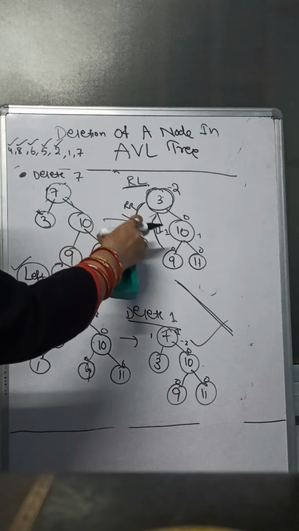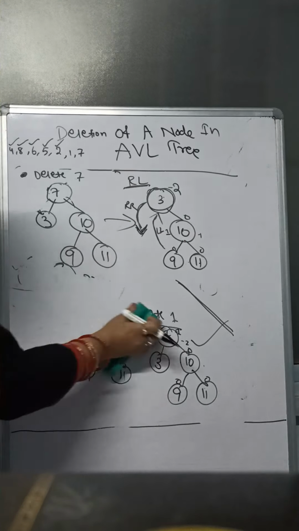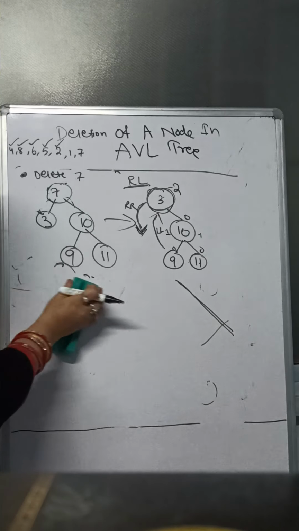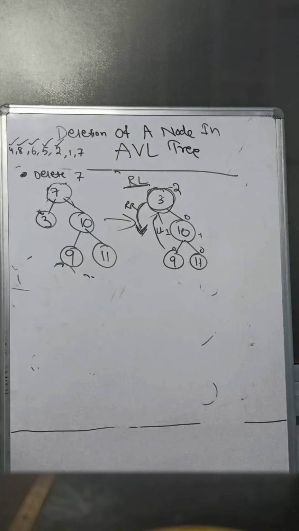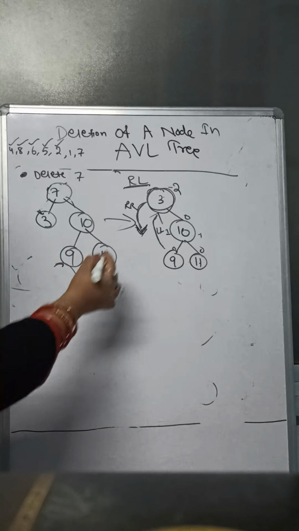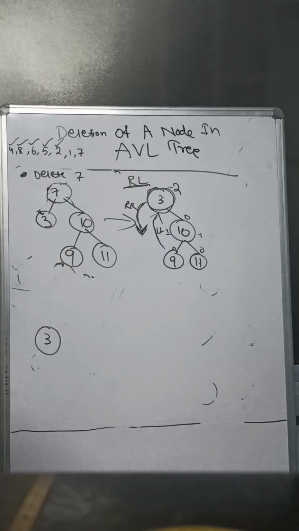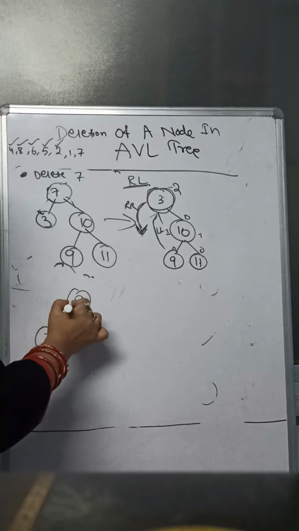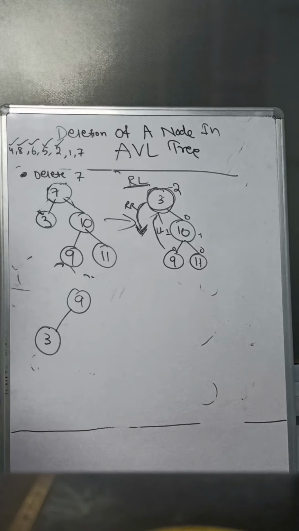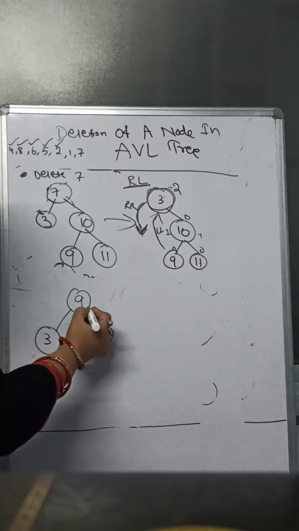RL rotation, RR. So now 3 comes here, anti-clockwise. 9 goes there, in this position. Then 10 and 11 stay as they are.